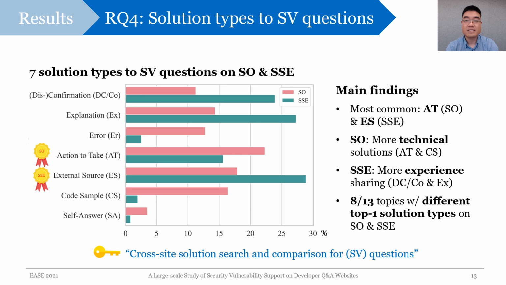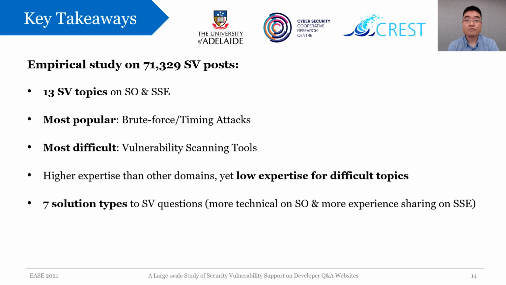In conclusion, we have conducted a large-scale empirical study on more than 70,000 vulnerability posts on Stack Overflow and Security Stack Exchange and found 13 key discussion topics along with their popularity and difficulty.